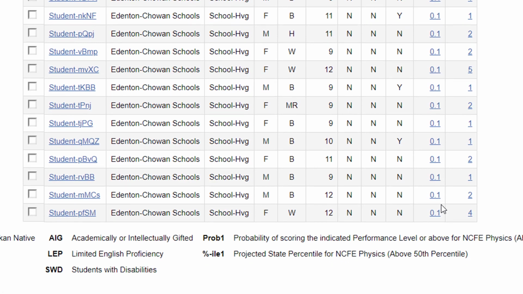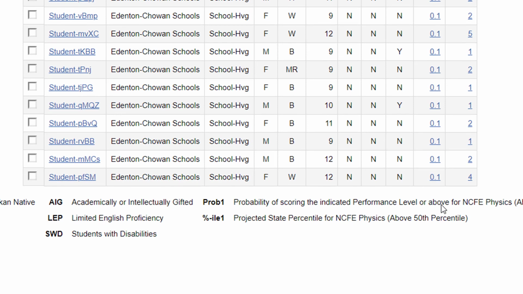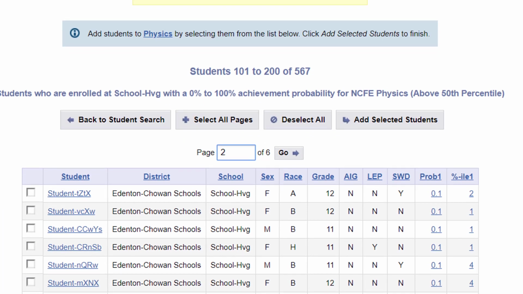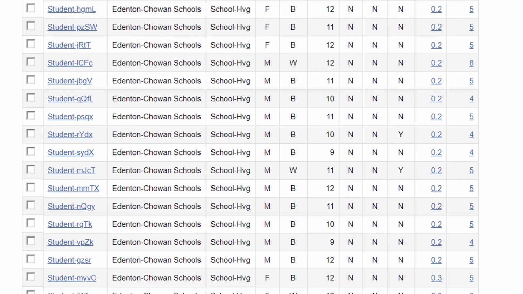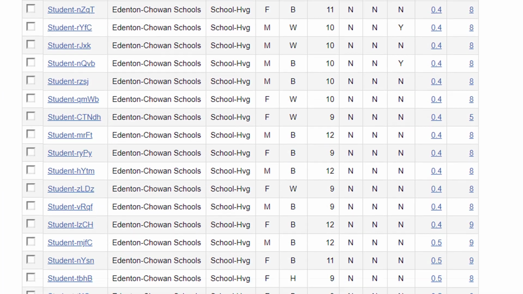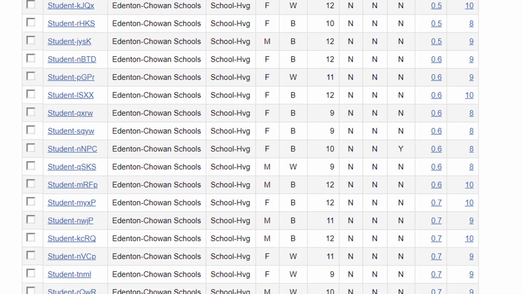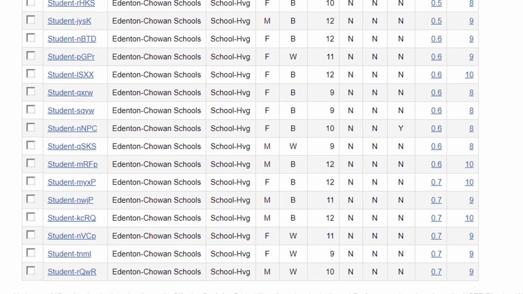So that would probably tell me that I should have very few students in physics class based on the performance of these kids. And I'm on page 2 now, and I've not gotten to a whole number yet, but I've got 6 pages to go because it's listed all the students in the school.